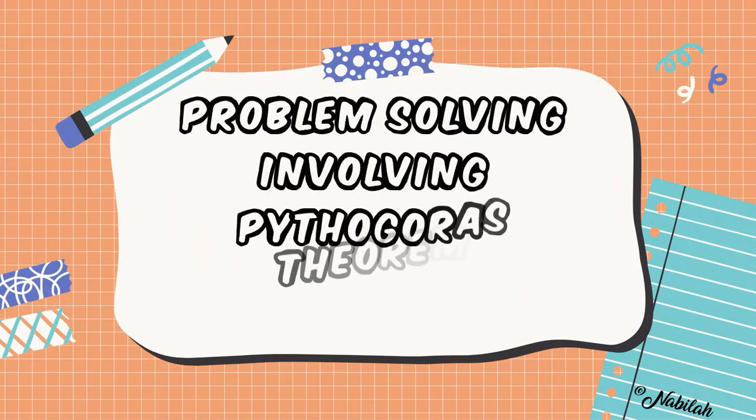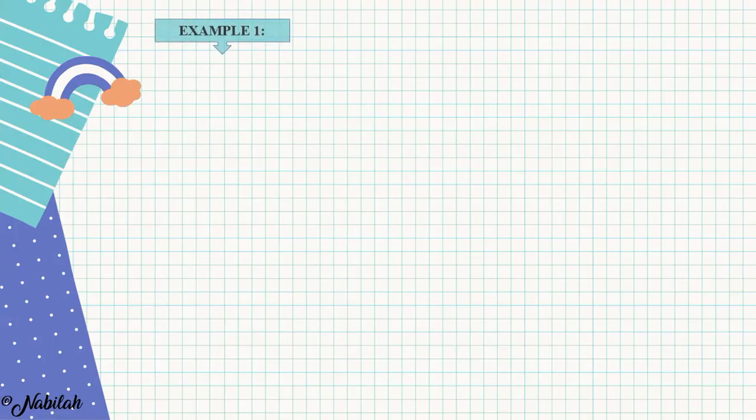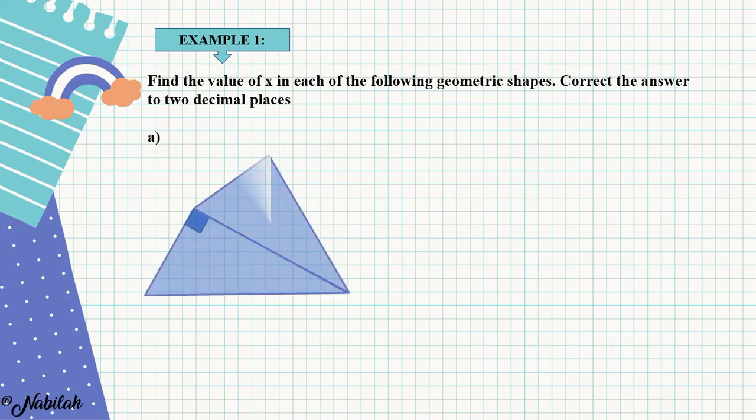Okay, next we learn about problem solving involving the Pythagoras theorem. Example 1. Find the value of x in each of the following geometric shapes. Correct the answer to 2 decimal places. So this is the diagram given.